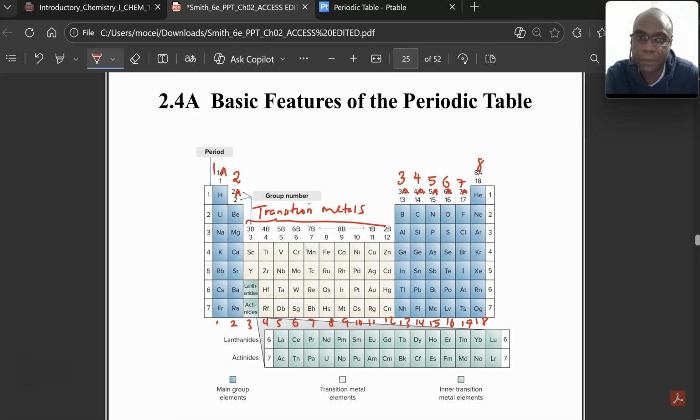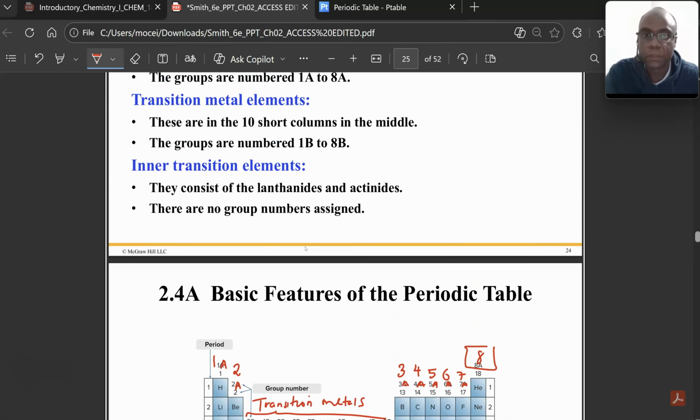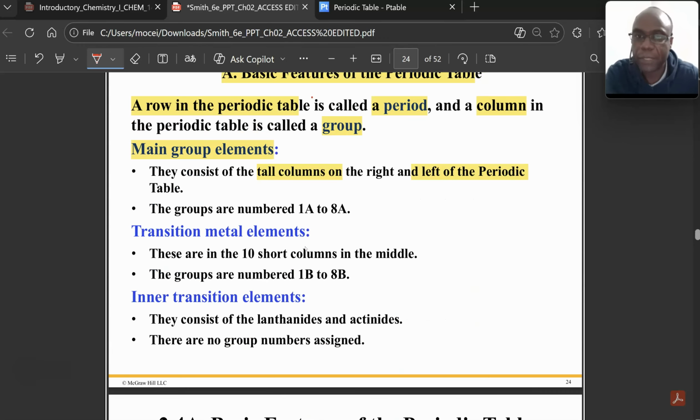But since you are skipping these 10 groups here, in main group elements, we just go up to main group 8. Okay? So, the transition metal elements, they are the short ones that I told you we are skipping. They are the 10 short ones.